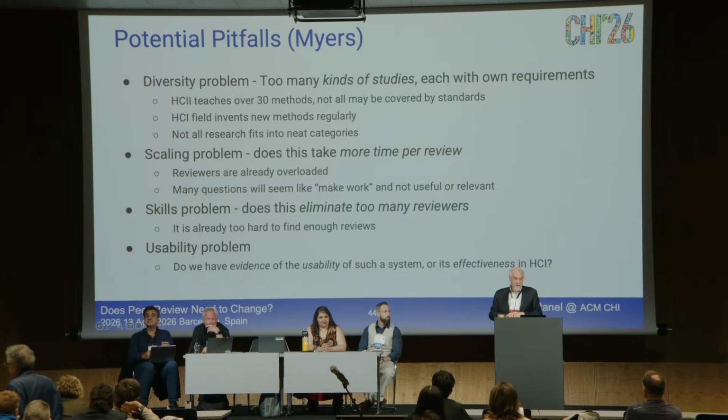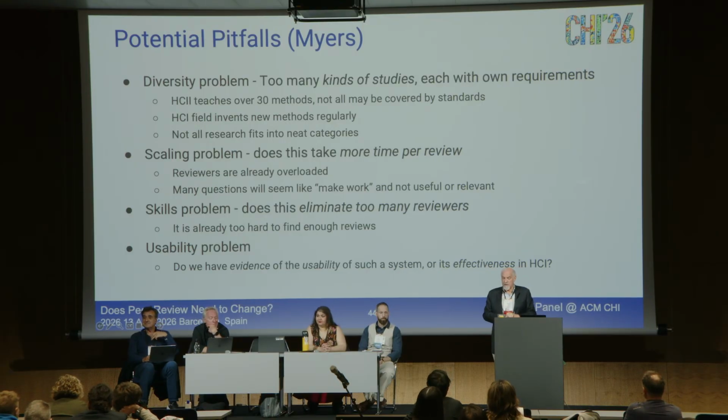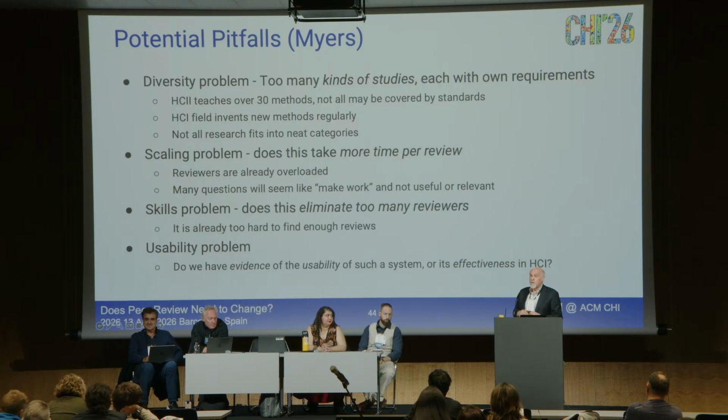Certainly doesn't seem like that with this really long checklist I have to go through. Many of the questions will seem irrelevant or like make-work. It's an awful lot of things to go through and check, which seem really obvious or trivial.